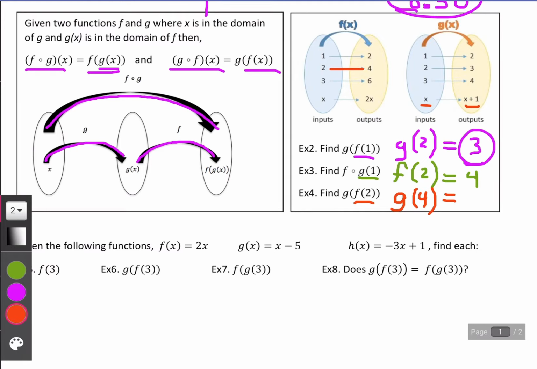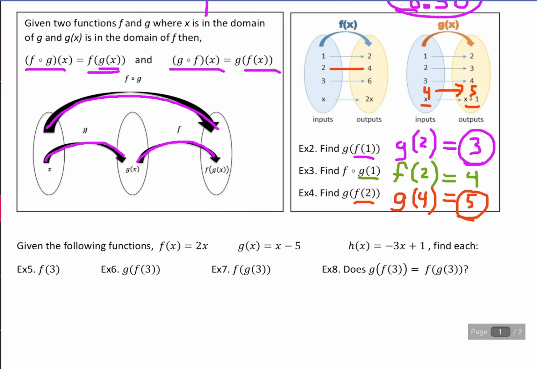So if we put 4 in, we get 5 out, 1 more than that. All right, so that's how it looks with the mapping.